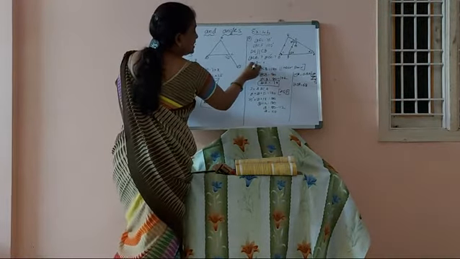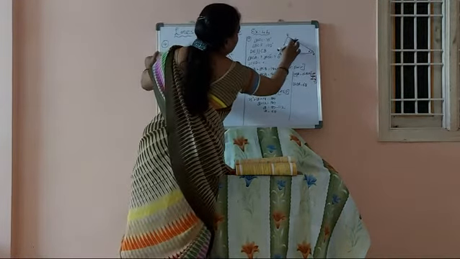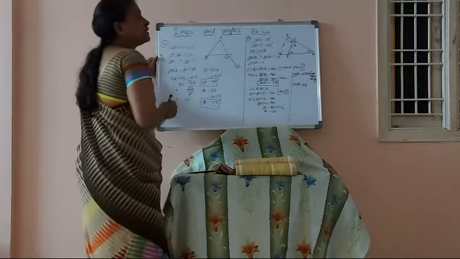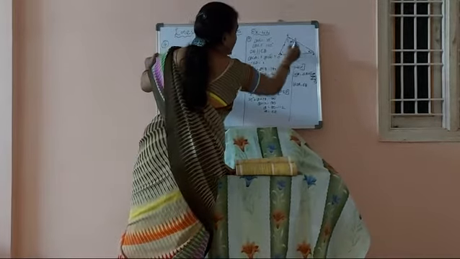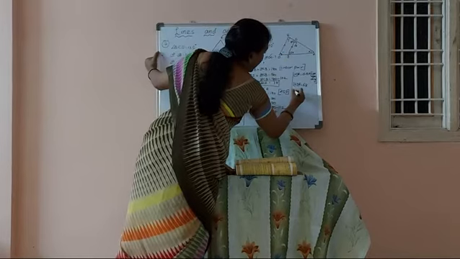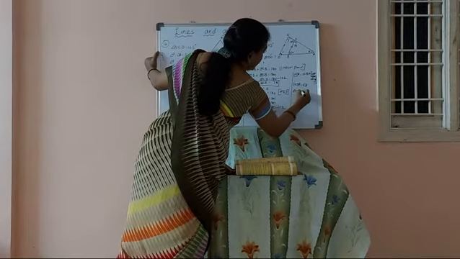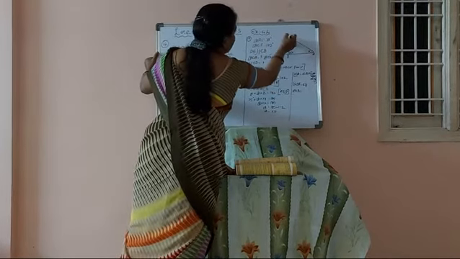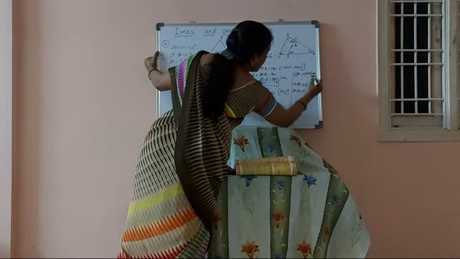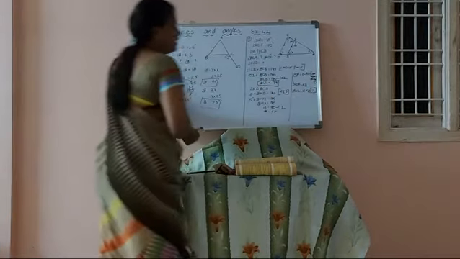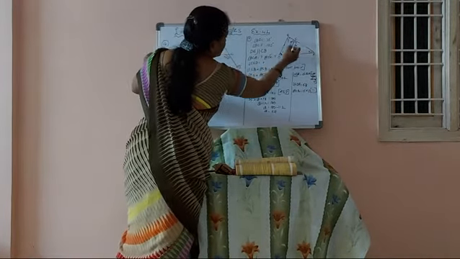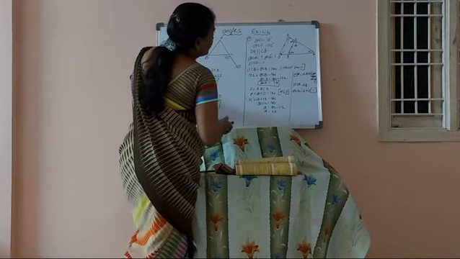Now we want CED. That means we want this angle. How to find out that angle? If these two lines are parallel, angle ACB is equal to angle CED. Those are also corresponding angles. Corresponding angles are equal. We knew already angle ACB is equal to 78 degrees.